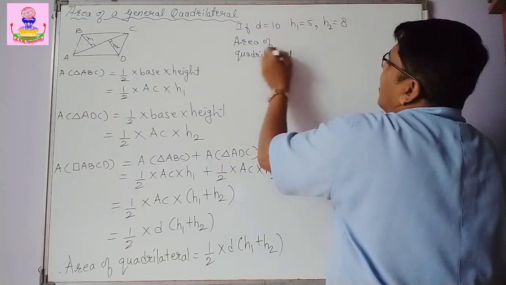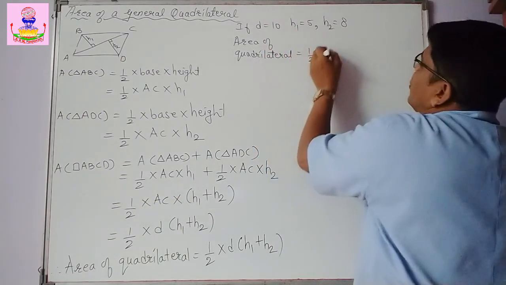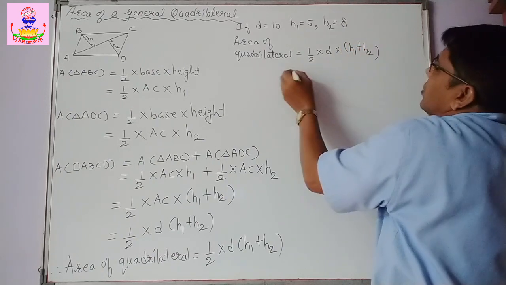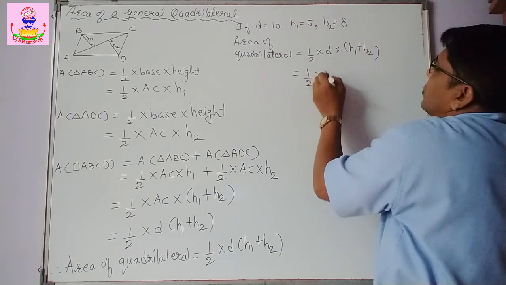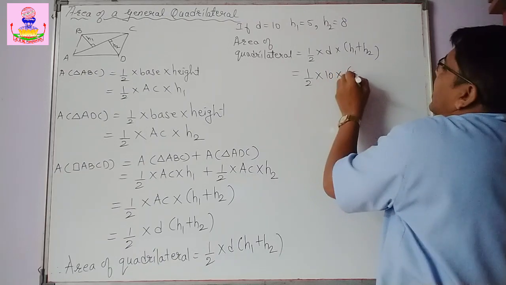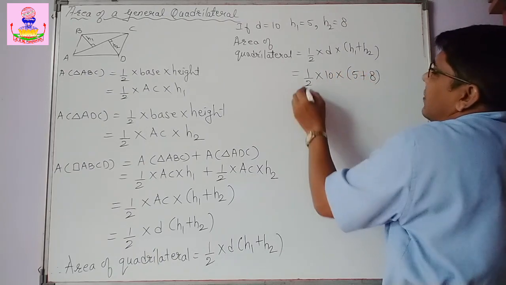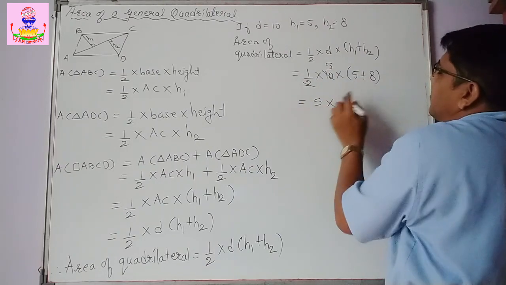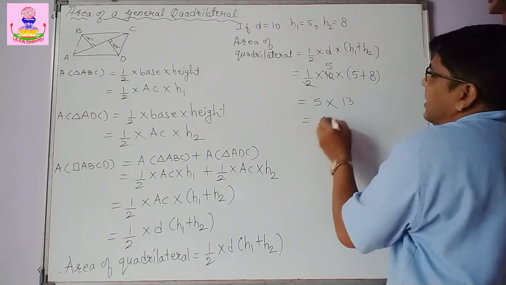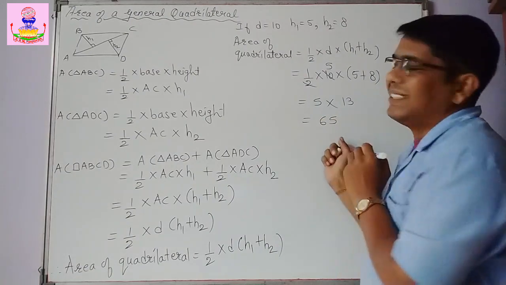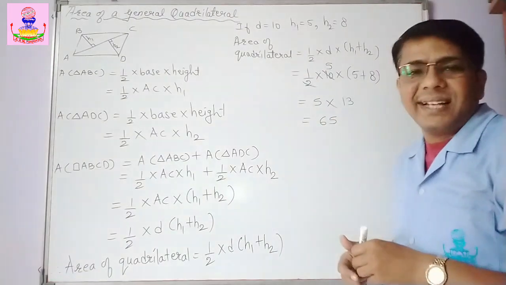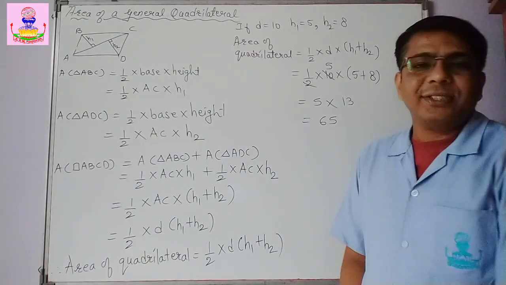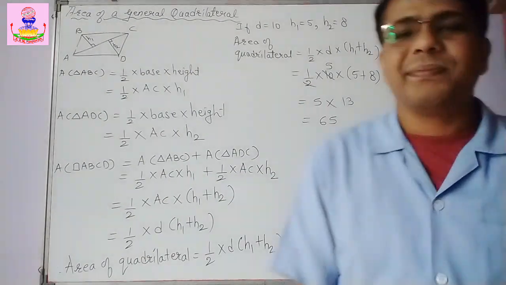Area of quadrilateral is equal to half into D into (H1 plus H2), so that is equal to half into 10 into (5 plus 8). So 2 ones are 2, 5 twos are 10. So 5 into 13, and 13 fives are 65. So that is the area of the quadrilateral. Do you understand? Okay, now let's move to try these.